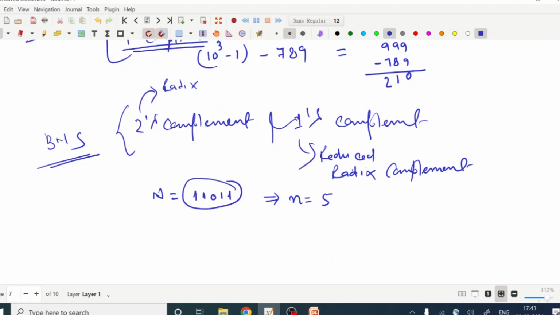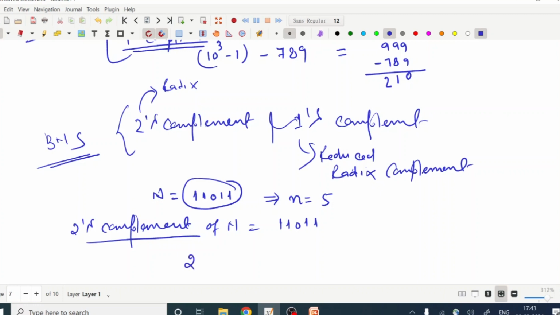So for finding the 2's complement of 11011, it is 2 to the power n minus the number.